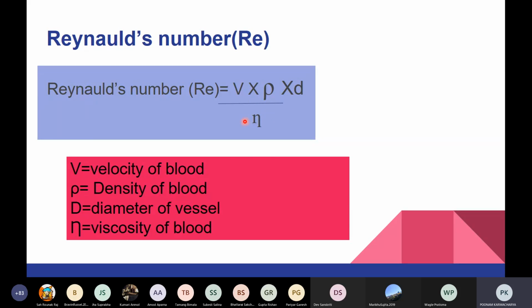Okay, so viscosity depends upon the hematocrit, right? And what is hematocrit? Hematocrit is more of RBC. So increase in RBC can occur in multiple myeloma, and it can also occur in bone cancer, right?